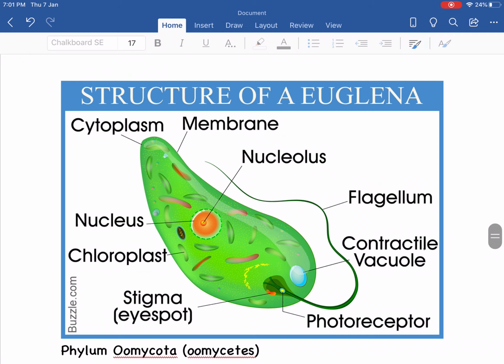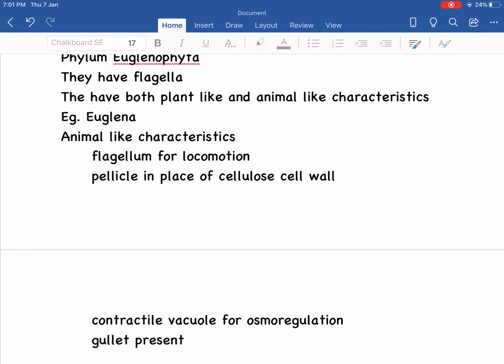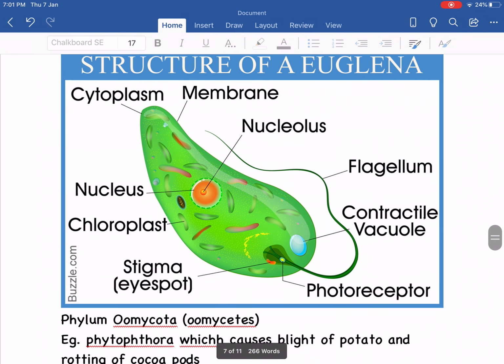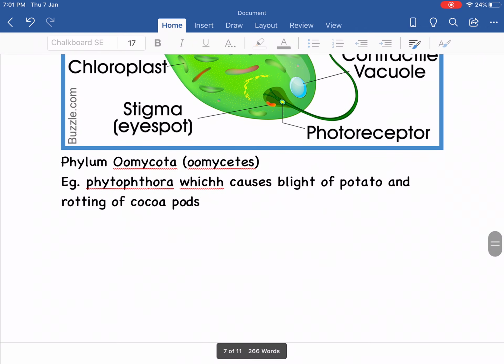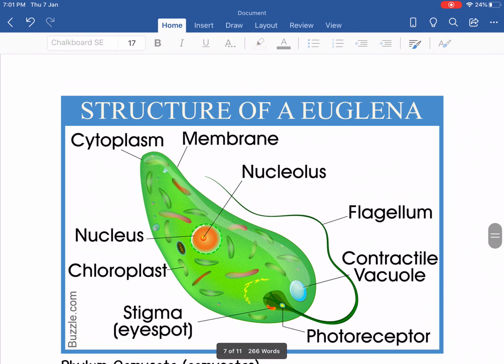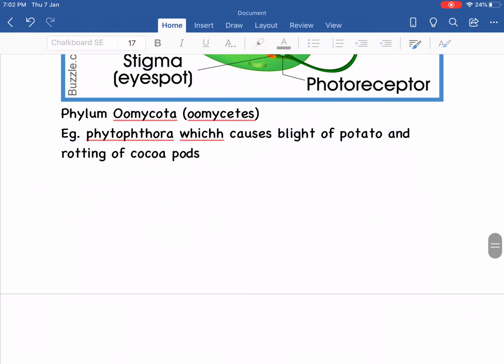So this is what makes the Euglena, or the organisms under the phylum Euglenophyta, special. They have both characteristics of plant cells and animal cells. So they cannot be classified under protozoa, which are protoctists that exhibit animal characteristics, or algae, which are protoctists that exhibit plant characteristics.